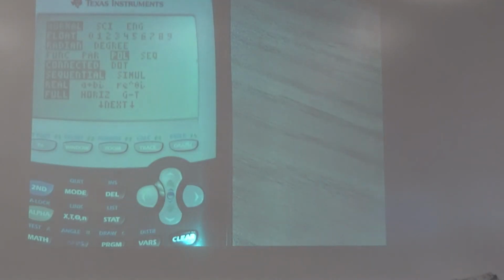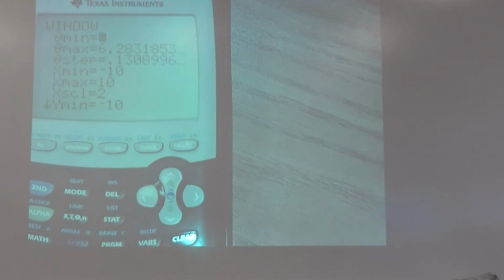We're then going to check our window. Theta min, 0 is a good initial value. Theta max would be 2 pi typically. We can extend theta min to negative 2 pi and theta max to other values if we need to. We shouldn't need to mess with the step. Our x min and max are pretty standard, maybe a scale of 2s.